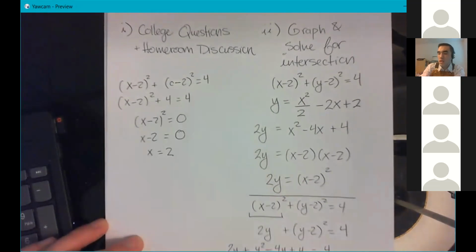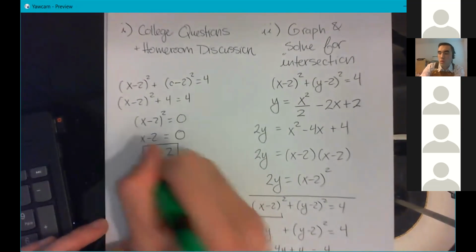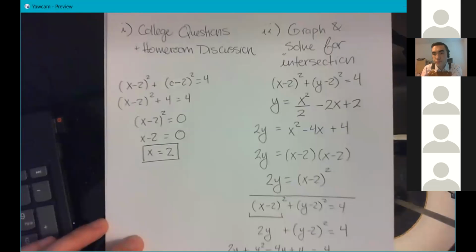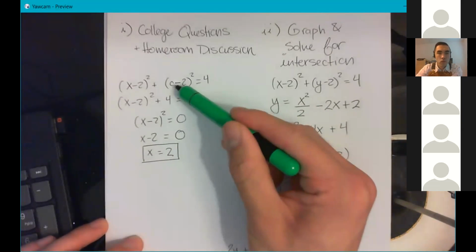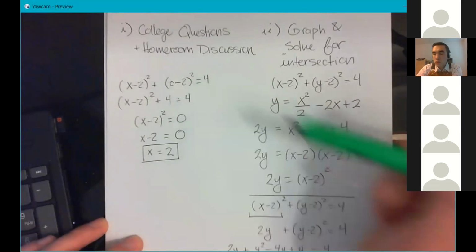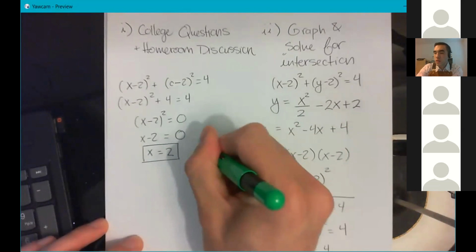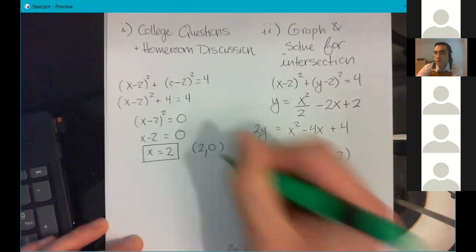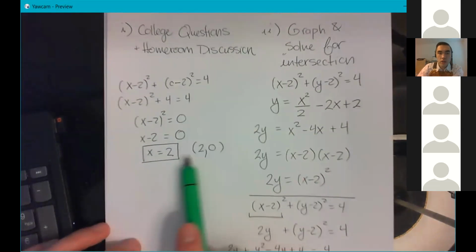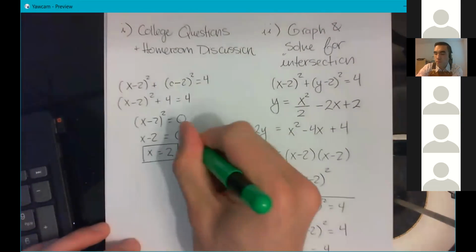Now keep in mind, the thing that gave us that x was 2 was plugging in what value for y? 0. We plugged in 0 for y, and that produces the x value 2. That tells us that this ordered pair is 2, 0. So this right here is one of our solutions.